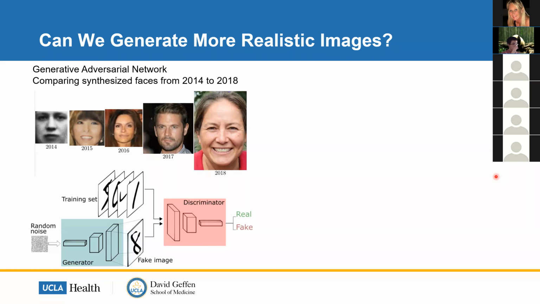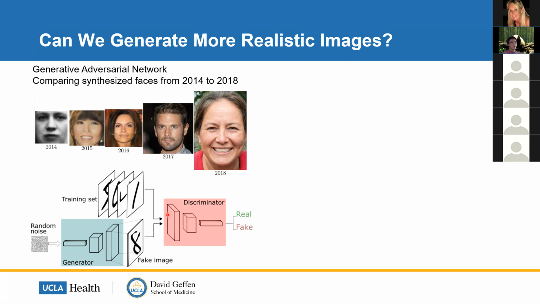One powerful method is called generative adversarial network, or GAN. This method has been drastically improving over the years. For example, the quality of synthesized faces is becoming more and more realistic. GAN consists of two networks, a generator and a discriminator. Take handwritten digit generation as an example.